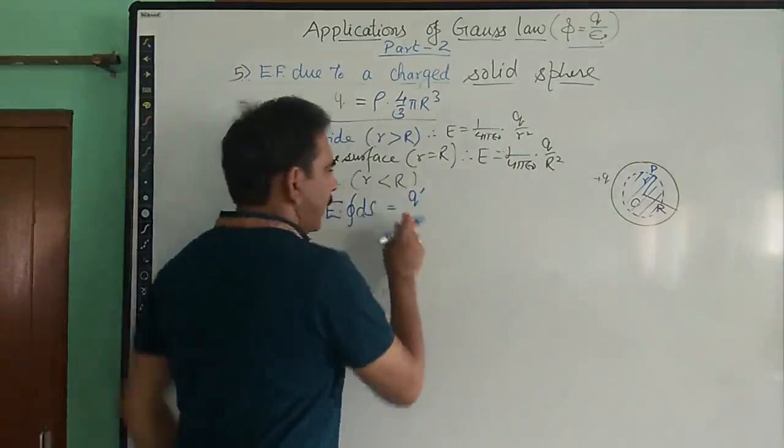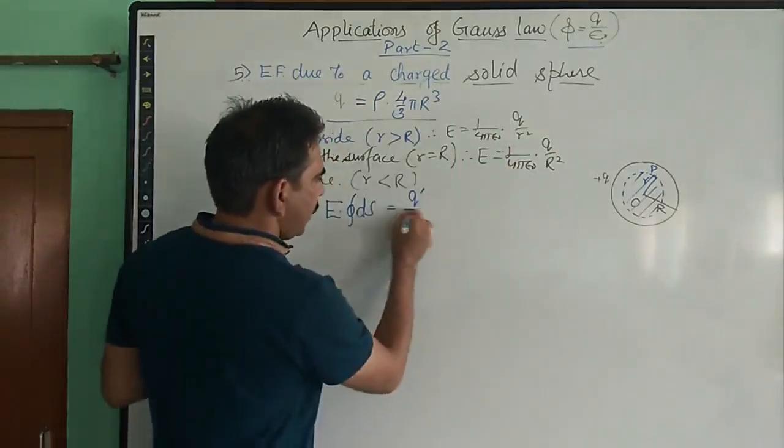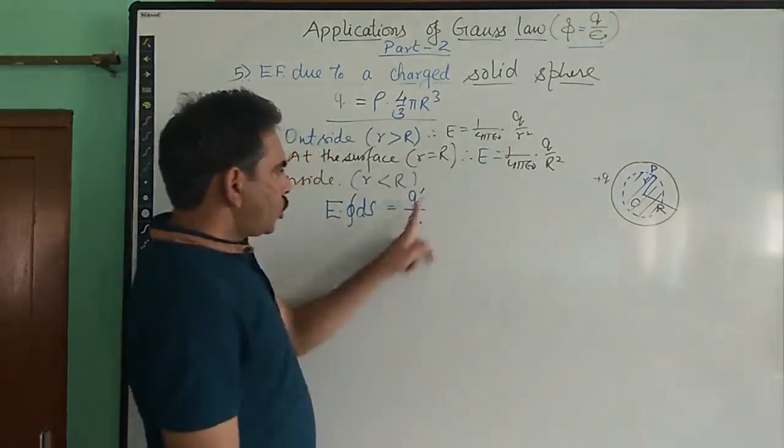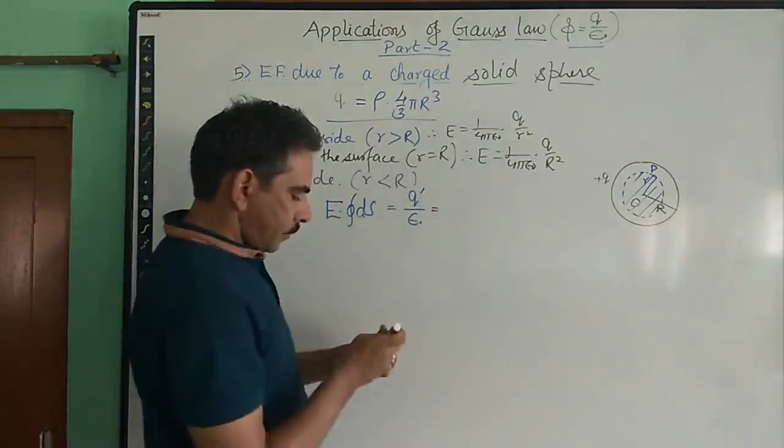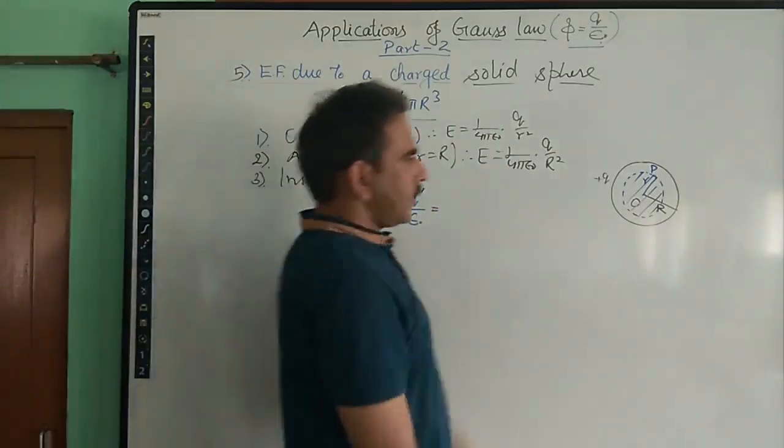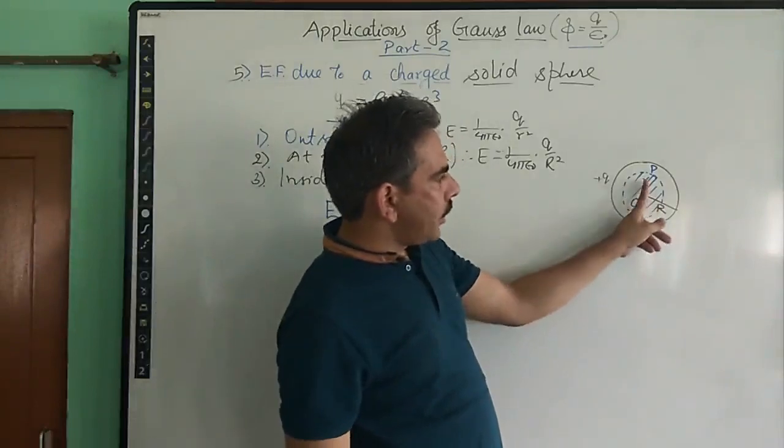So we represent it by some other symbol Q dash, upon epsilon naught. So we just write the value of Q dash here.